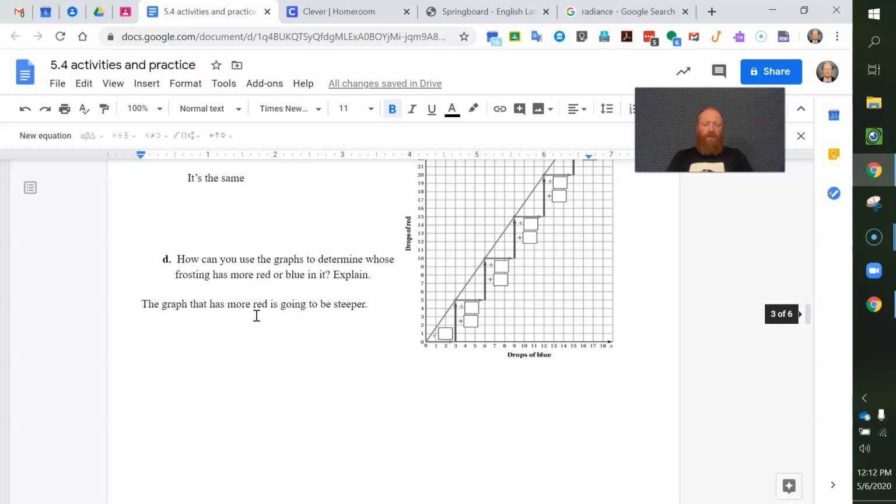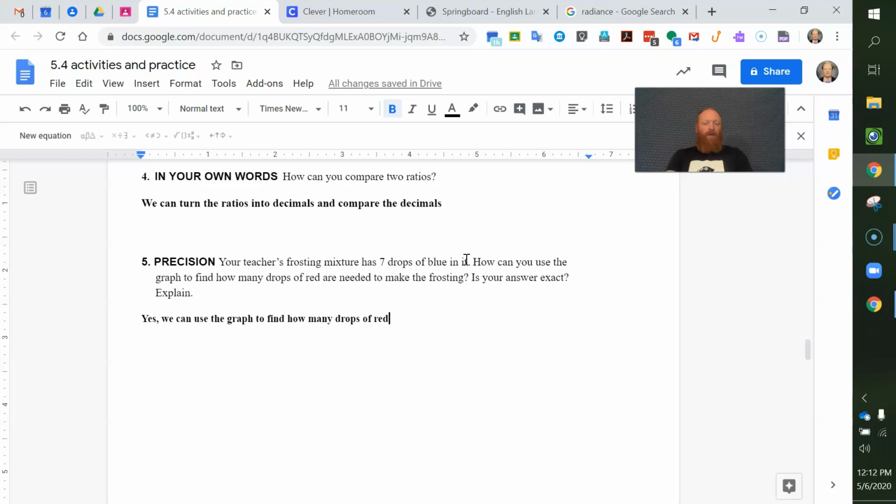What this would look like is, if we had 7 drops of blue, we would go up and look on this line at 7, and we would see that it's somewhere between 11 and 12 drops, pretty close to 12 drops of red. So, is your answer exact? No. Our answer is not exact.